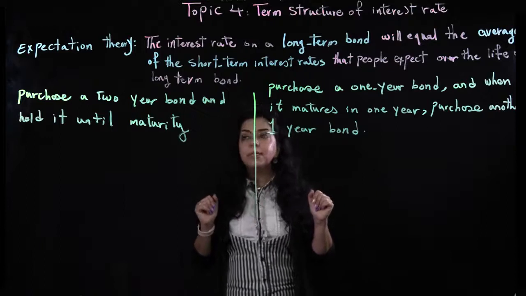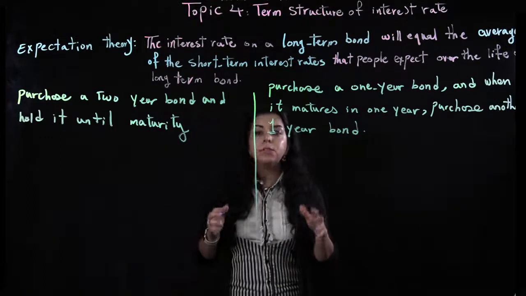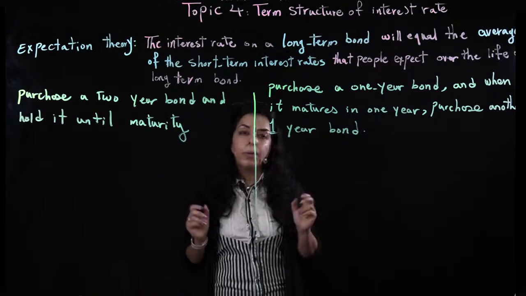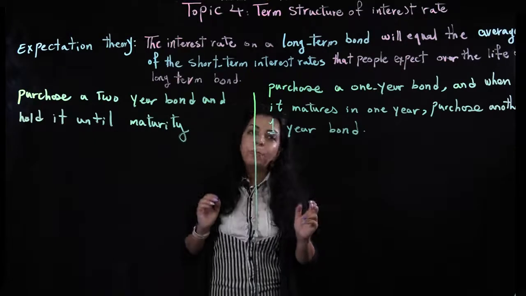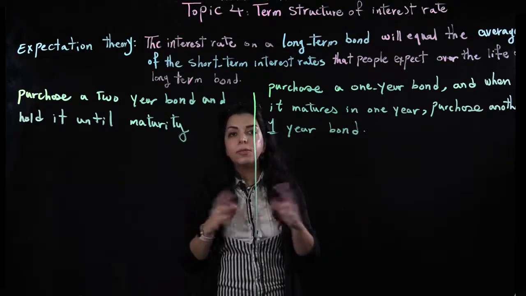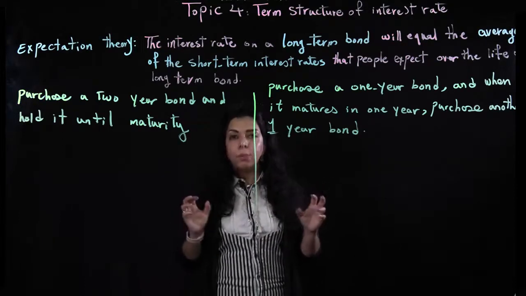The expectation theory is saying that people or investors don't have any particular preference about the term of the bond. So it means that they don't prefer short-term bonds over long-term bonds or vice versa. What is important for them is the return of the bond.